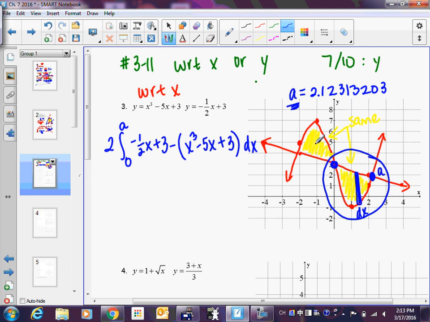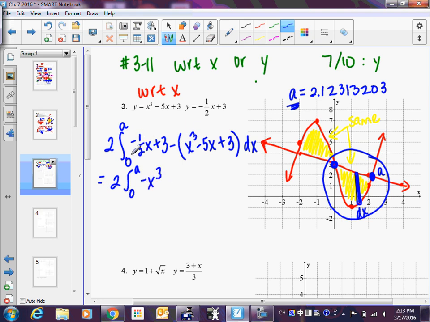Now, this is an odd function, which means we get to integrate this by hand. It's really not that bad. The first thing we need to do is distribute the negative. If I distribute the negative, that's going to cause a negative x cubed. I'm going to go ahead and write that first.